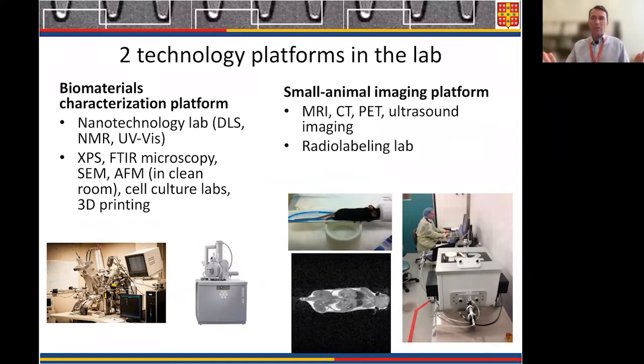So technologically, the laboratory is divided into 2 main platforms. One platform is the biomaterials, nanomaterials characterization platform, and the other one is the small animal imaging platform. And the MR system is one of the main components of this small animal imaging platform.